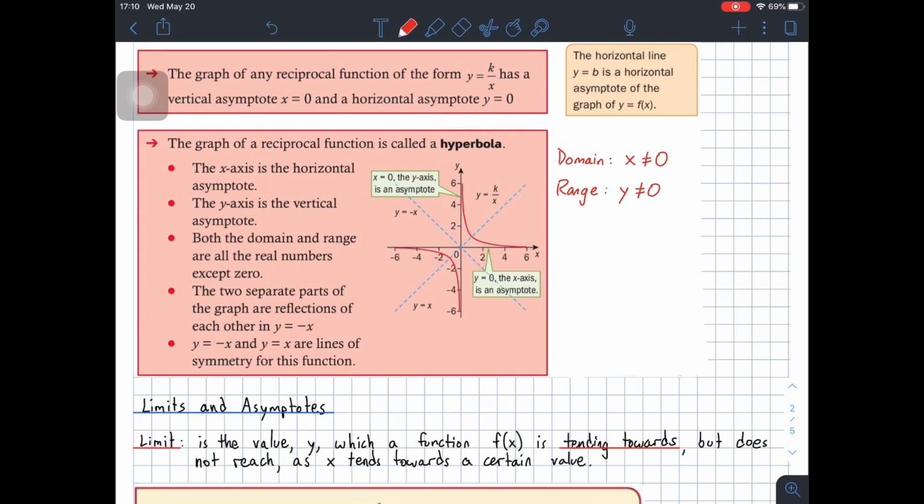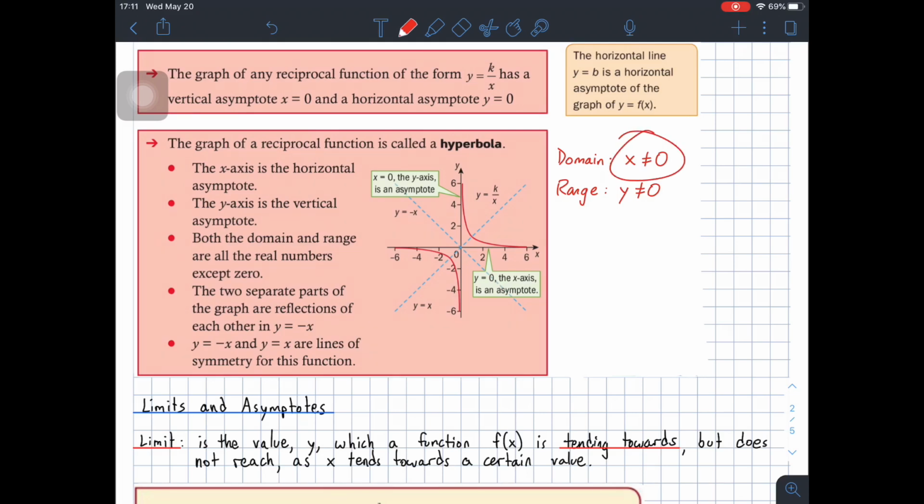The function never reaches 0. And the same thing occurs with the range. Range are the y values of the function. You see that this function comes from infinity and it goes down to infinity, but there's one value here, which is y equals 0, that the function does not take because there is a horizontal asymptote there. So the range is all real numbers except y equals 0. Okay?